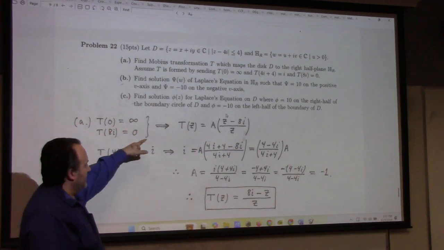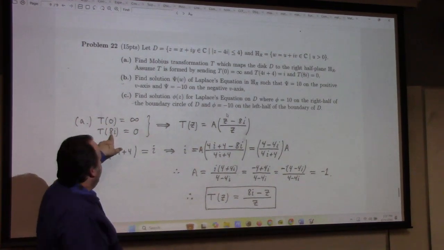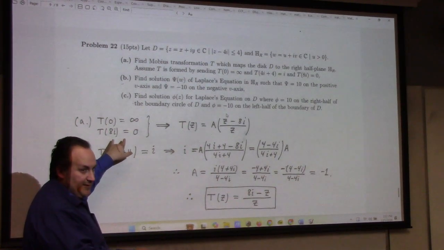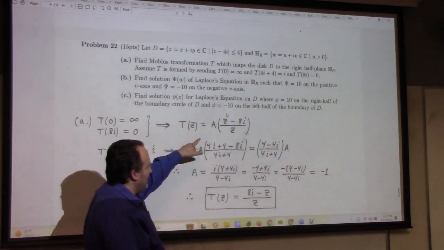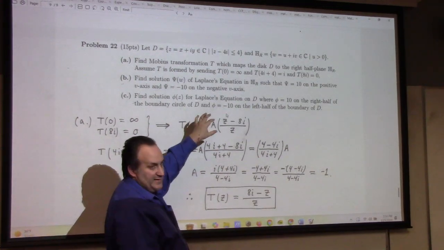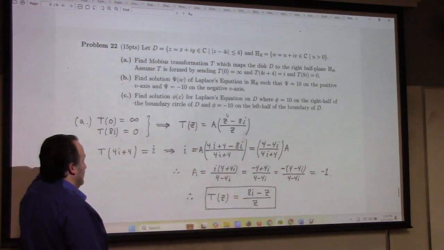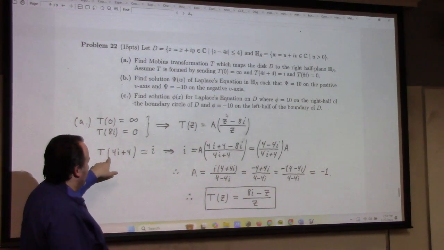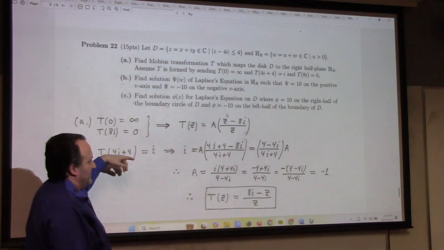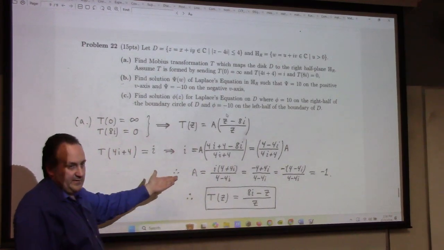That's what forces me to put this 1 over z over here. If I'm mapping 8i to 0, that means the mapping must be 0 when I plug in 8i, which forces me to put a z minus 8i in the numerator. All that's left at that point is some multiplication in the front. And that's what the other piece of information, which maybe doesn't have to be so cool as these, gives you. Then you just plug it in and work it out. It turns out, there it is.